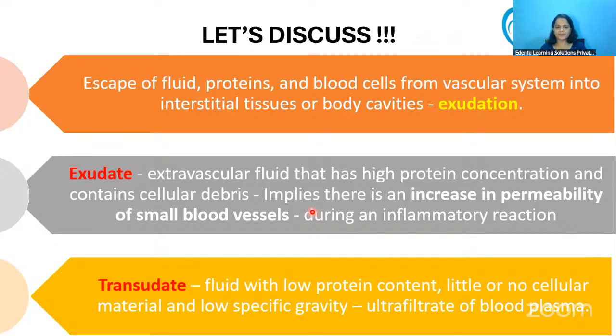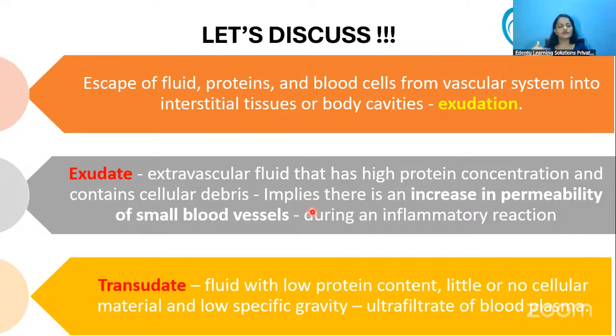Because of the increased permeability of the blood vessels, the fluid inside the blood vessels is getting leaked to outside, and that leaked fluid will have high protein concentration and will contain lots of cellular debris. If that interstitial fluid contains high protein content and high cellular debris, it is called an exudate.